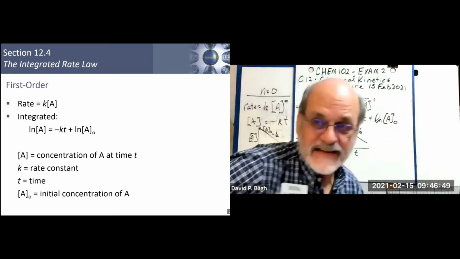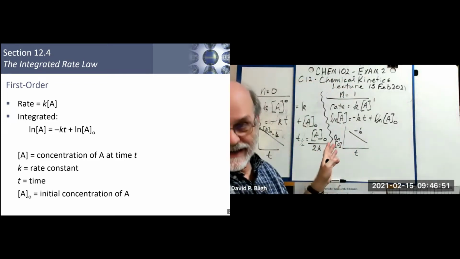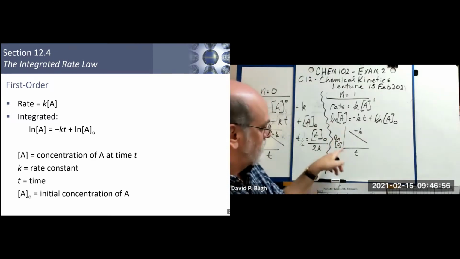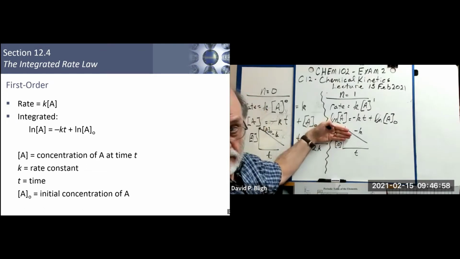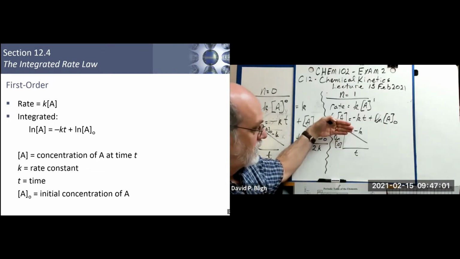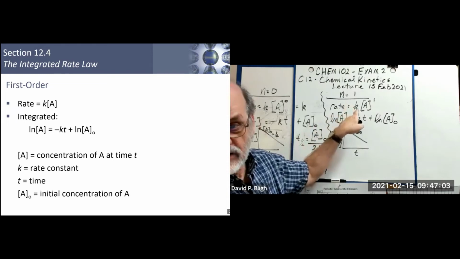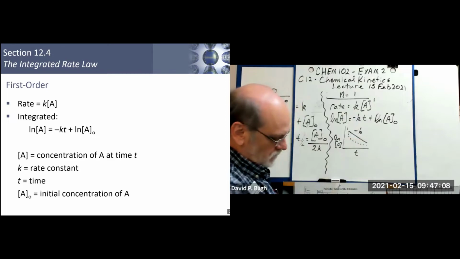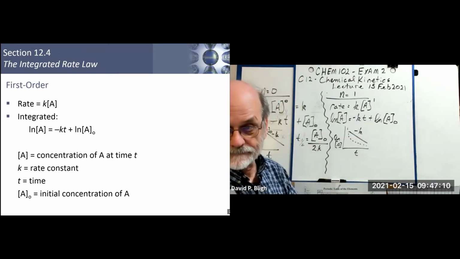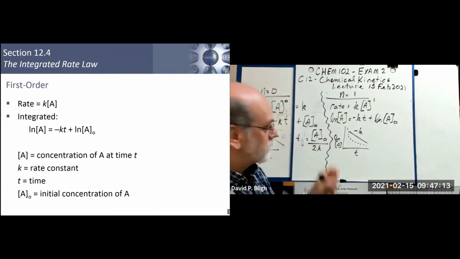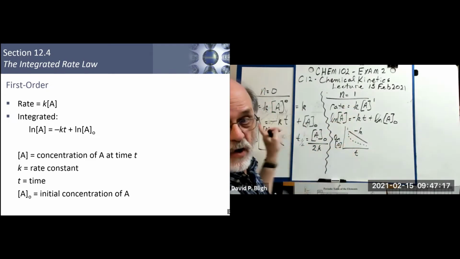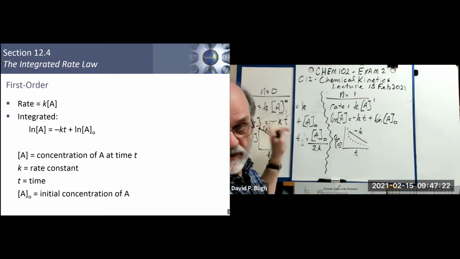Now what if we plotted the raw data for a first order reaction? You get a curve, right? So if you get a curve from plotting the raw data, you know it's not zero order, because if it were, it would be a straight line.